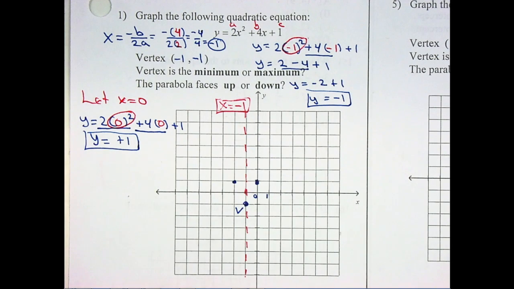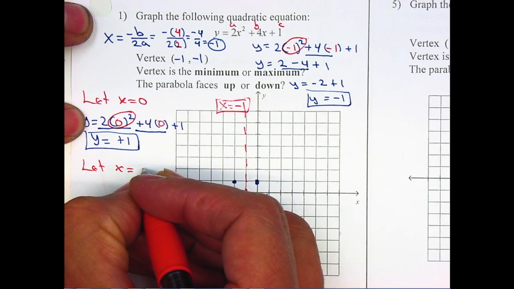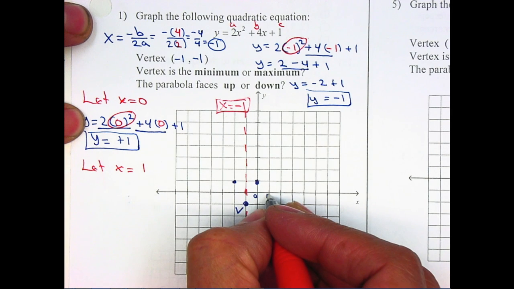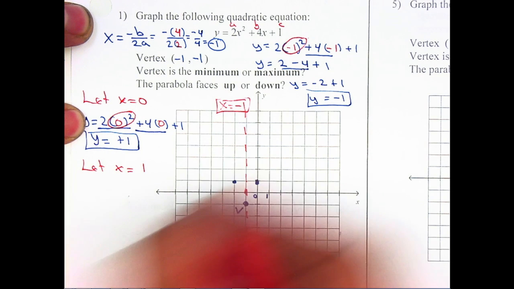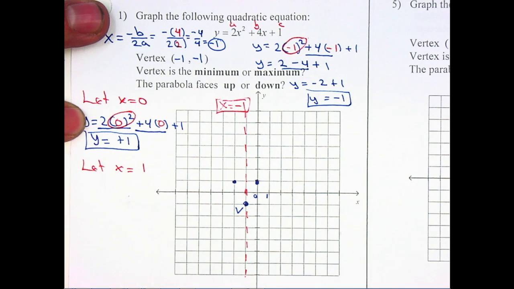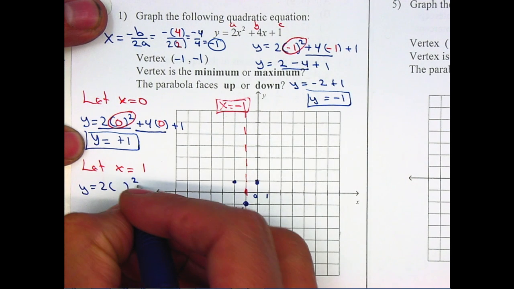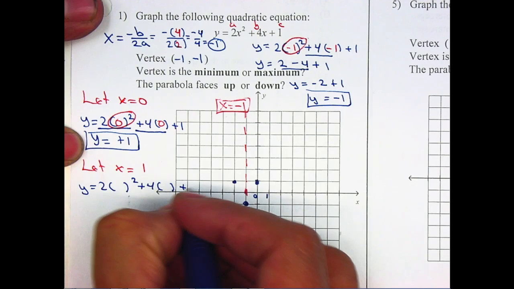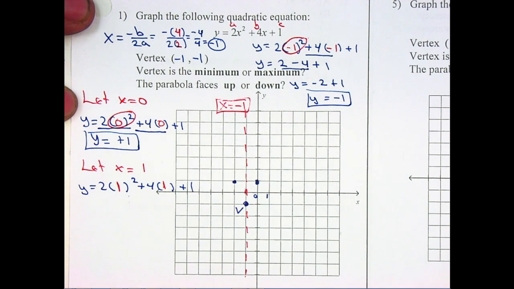I need to find another set of points. So I'm going to let x equal to positive 1. You go to the right once again. That will give you a point somewhere over here. We have y is equal to 2x squared plus 4x plus 1, but instead of that, x will be a 1.